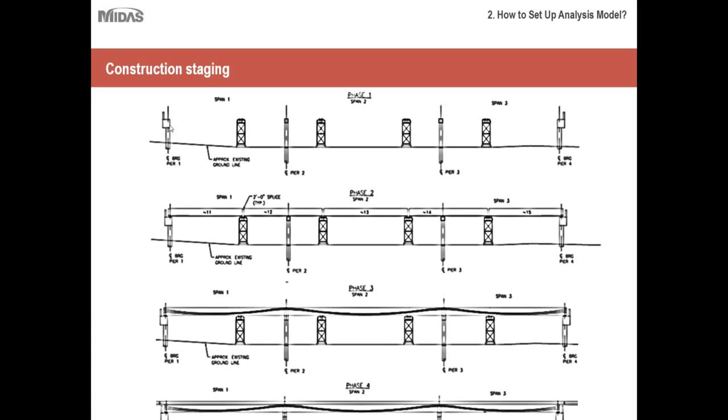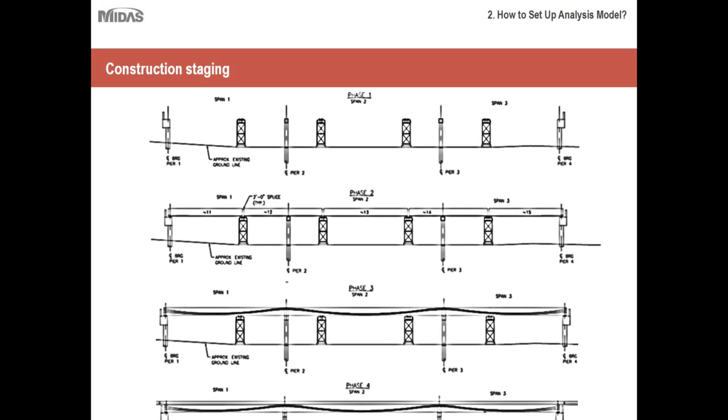First stage, you should have your abutments, piers, or interior supports, and the shorings in place. Then you place your segments 1, 2, 3, 4, 5 like this, and then you place the splice member and do the post tensioning, and then remove the formwork, which is a standard practice.